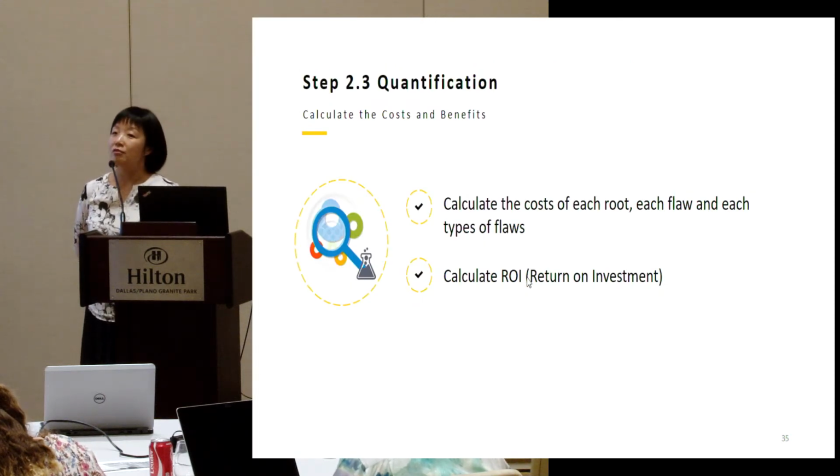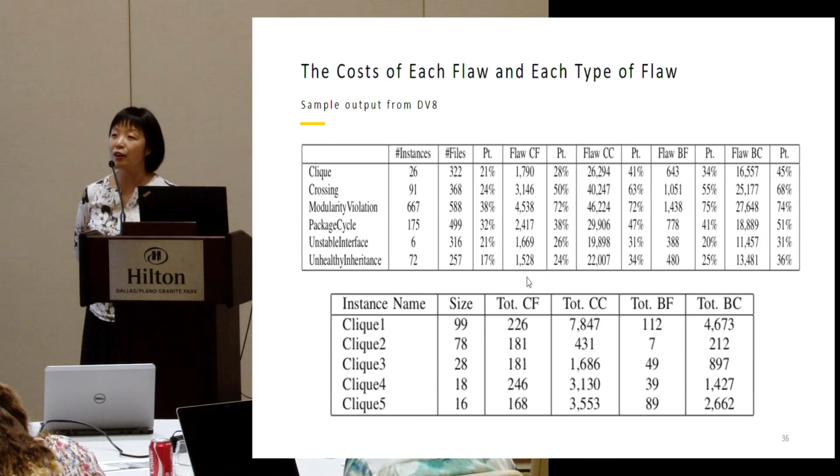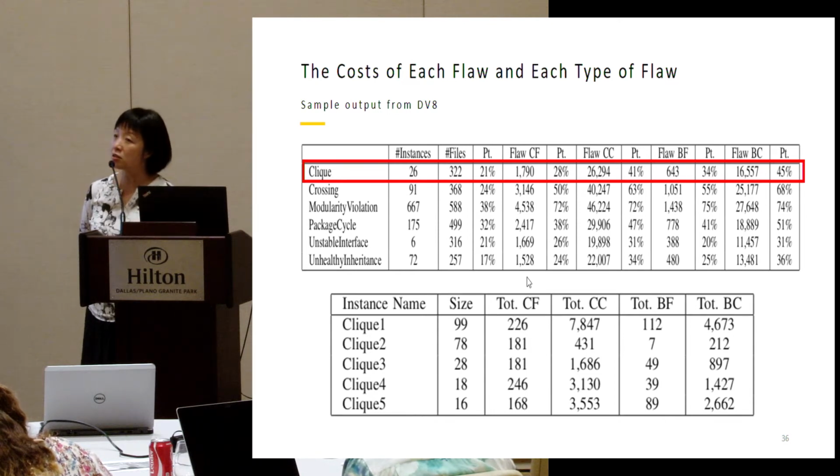Now for quantification: each root can be considered an architecture debt. But management needs numbers. We give them a DSM, and they don't read it. So let's give them numbers. This is some output of our Deviate tool, which summarizes all the costs incurred by each type of flaw.